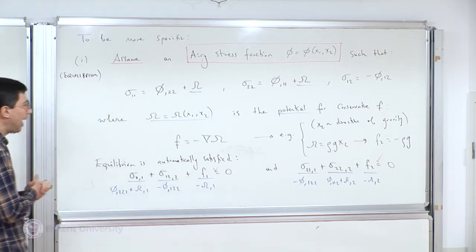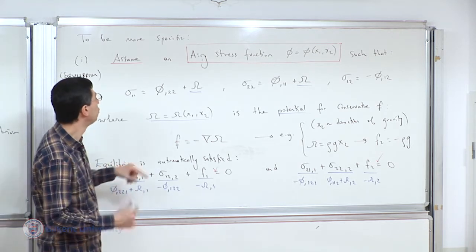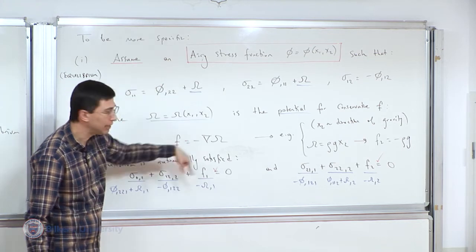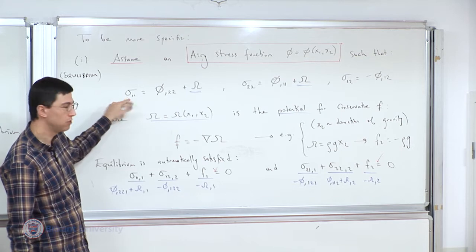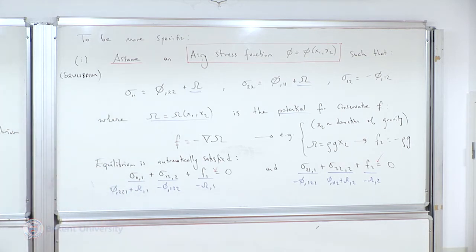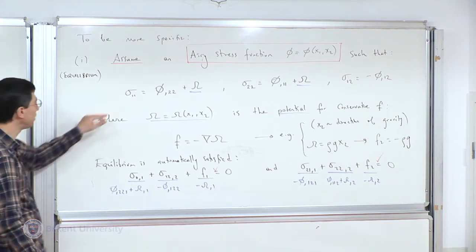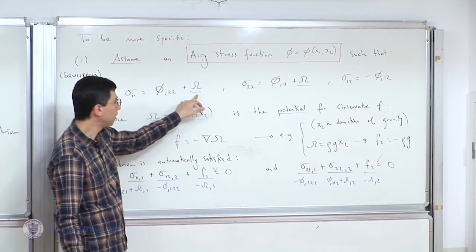Now you might ask, whenever you deal with such a mathematical concept, the question is: is it true that when I formulate the problem like this, the stress is like this, equilibrium is satisfied, but I will carry on and enforce equilibrium. Eventually, I would like to be able to find what that function is. What I've done is, instead of directly working with the stresses, I assume that omega is given.